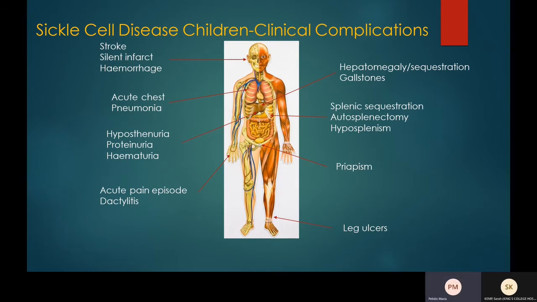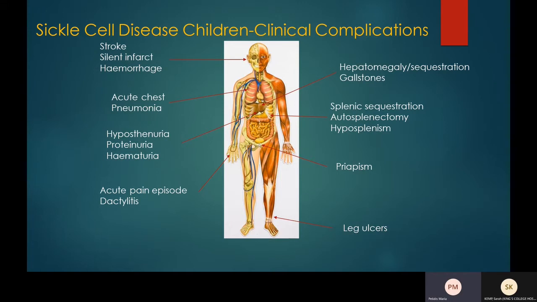One of the most common causes of mortality in people with sickle cell disease is acute chest syndrome, which can be a pneumonia or an infarct of the lung. Children as young as 1 year of age may have a stroke or have silent infarcts and can experience intracranial hemorrhages.